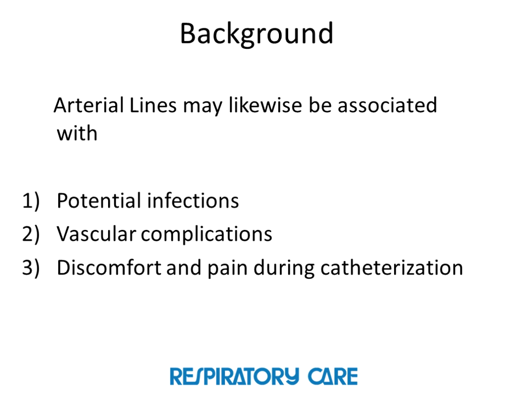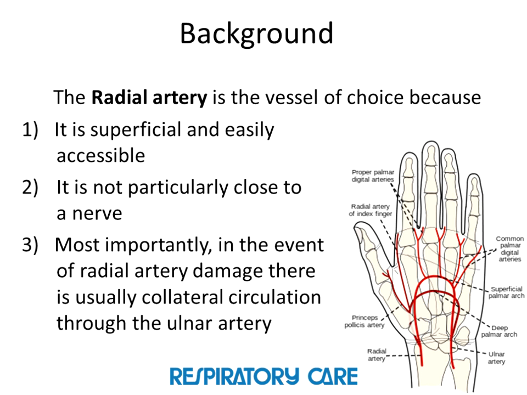Arterial lines, as we said, we do try to avoid them. Potential infections, vascular complications can occur, and there can be some discomfort and pain during catheterization. The radial artery, which I'm sure you all know, is the vessel of choice. The reason for this is that it is relatively superficial and accessible in most patients.